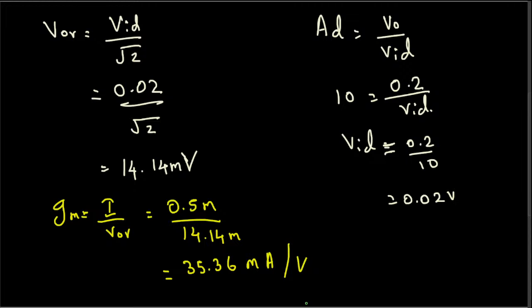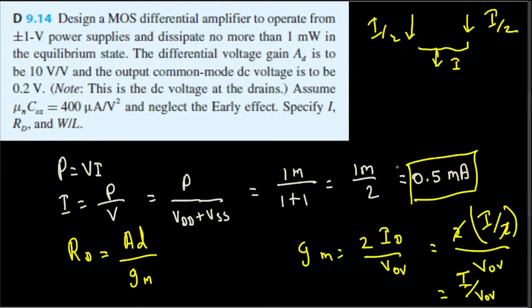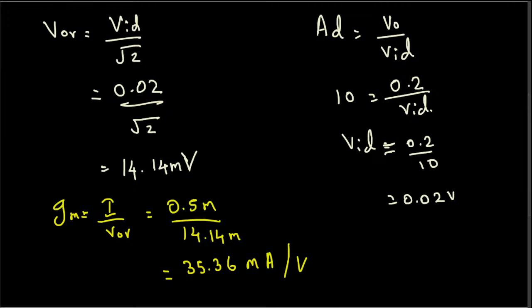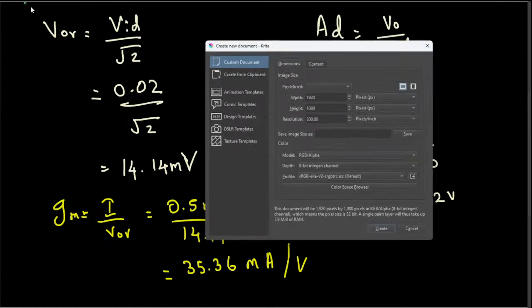Okay, once we have this, the main thing we are trying to find is RD. We did all this to find RD. RD is AD over gm.